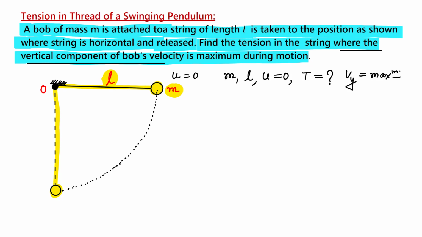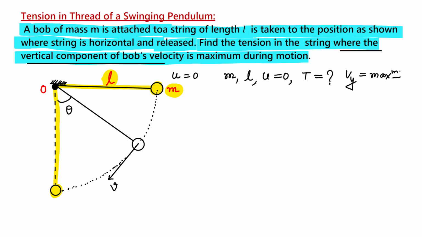So let us say after some time this bob has reached here and let's say this angle is theta. Now at this point of time the velocity of this bob is v, and this velocity will be tangential, something like this. The magnitude of this velocity we call v.